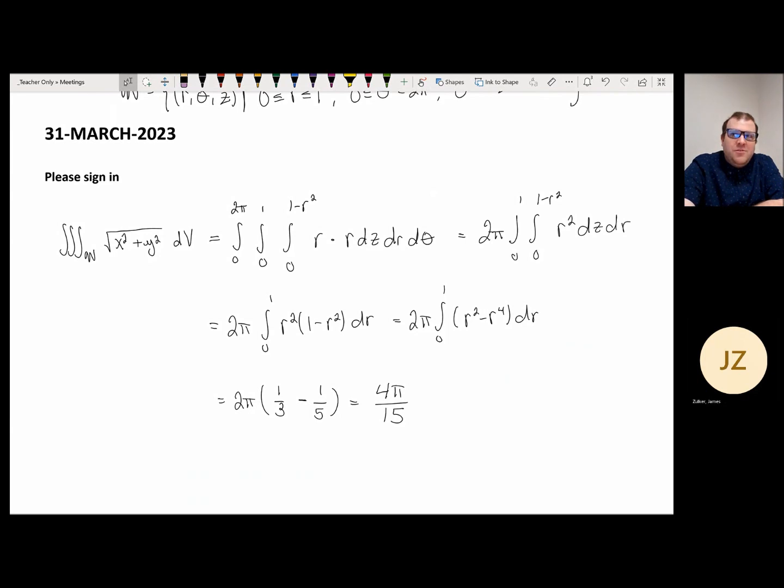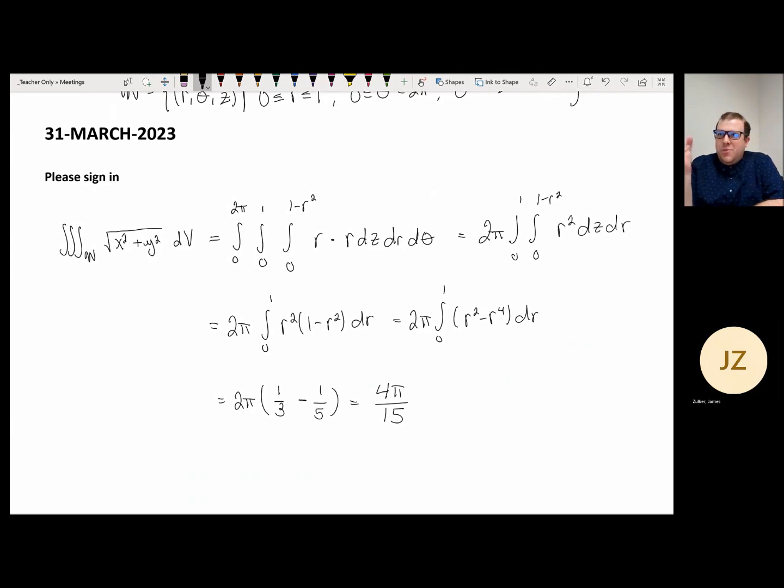In cylindrical. In spherical, dv is something different. Remember, it's rho squared sine phi d rho d phi d theta in spherical coordinates. Whenever you're in cylindrical, that's always what dv is going to be.